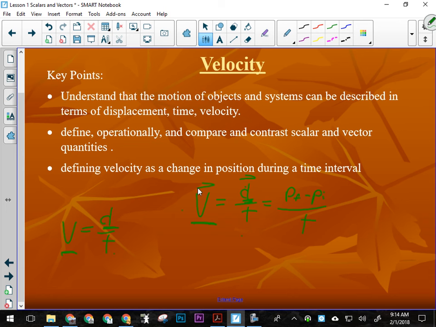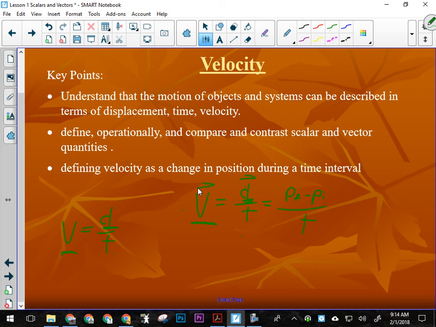Is time vector or scalar? The tough one. Can time go sideways? No. Time is not a vector quantity.